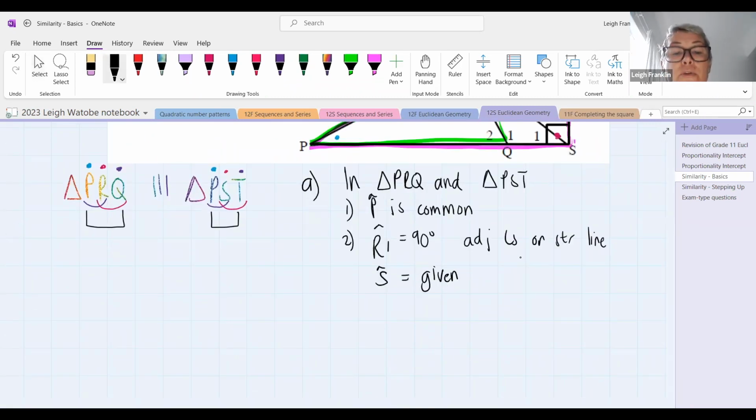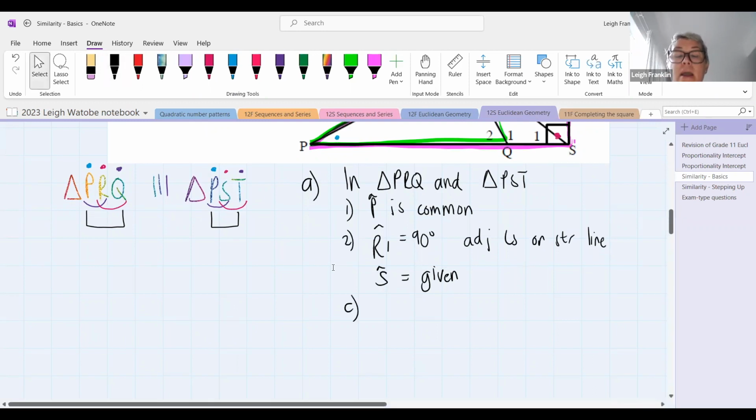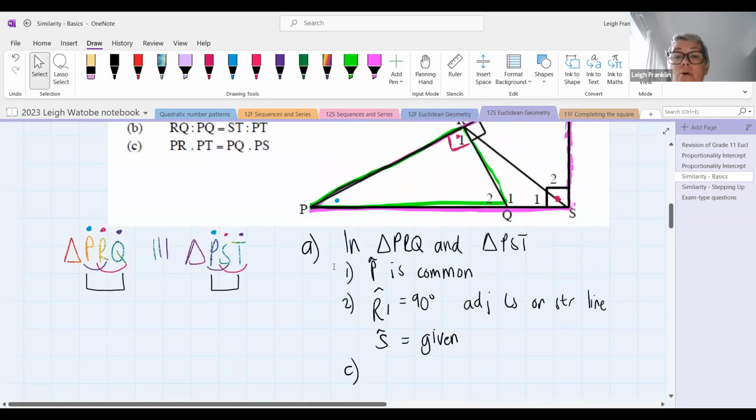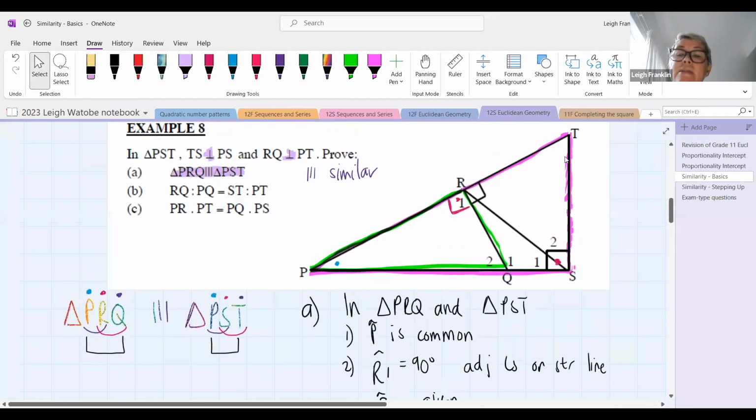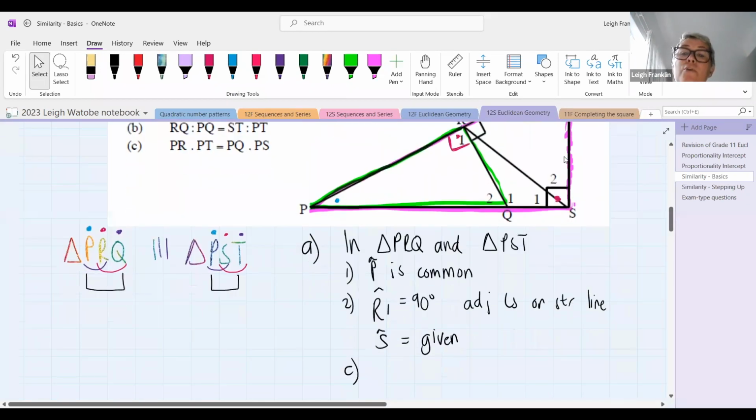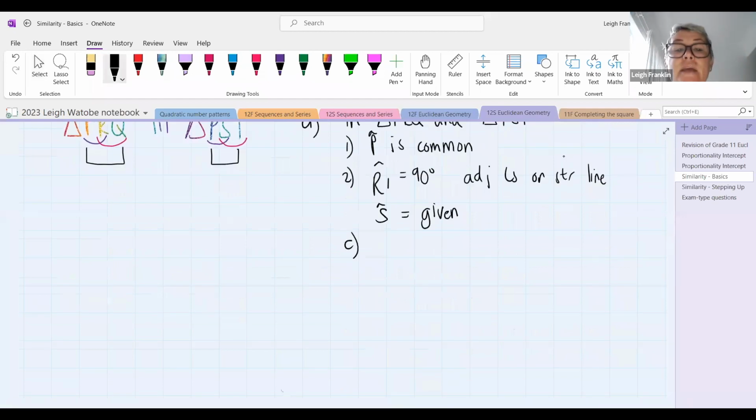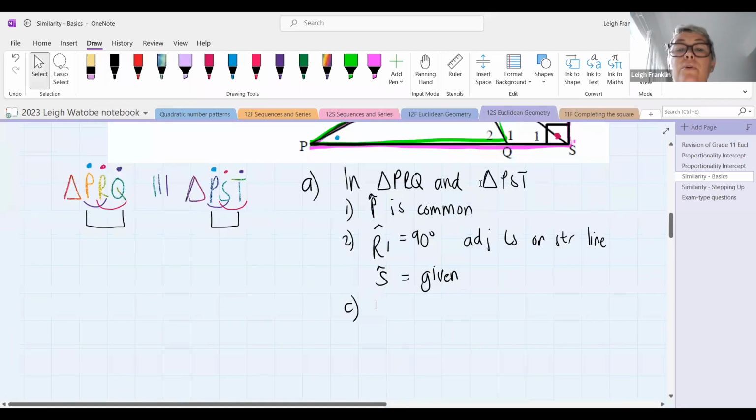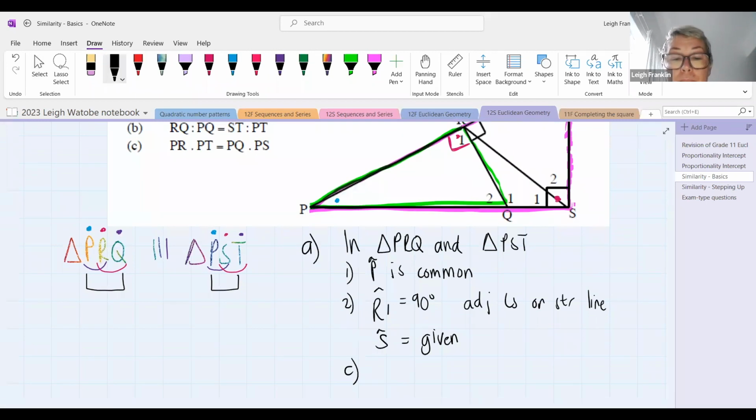So now the third angle in the triangle: P is the same in both, R1 equals S, so Q2 and T are the third angles in the triangle. So I can say that Q2 equals angle T, angle sum in triangle.